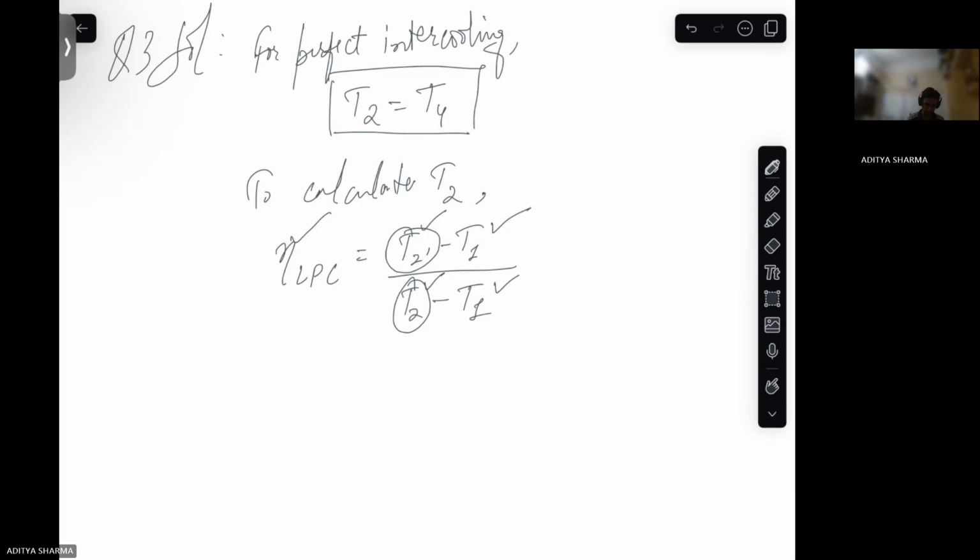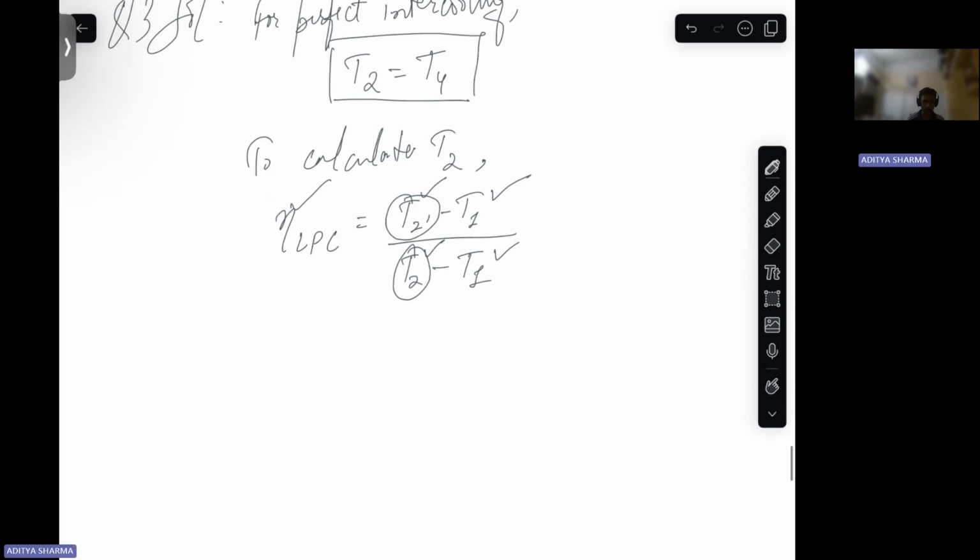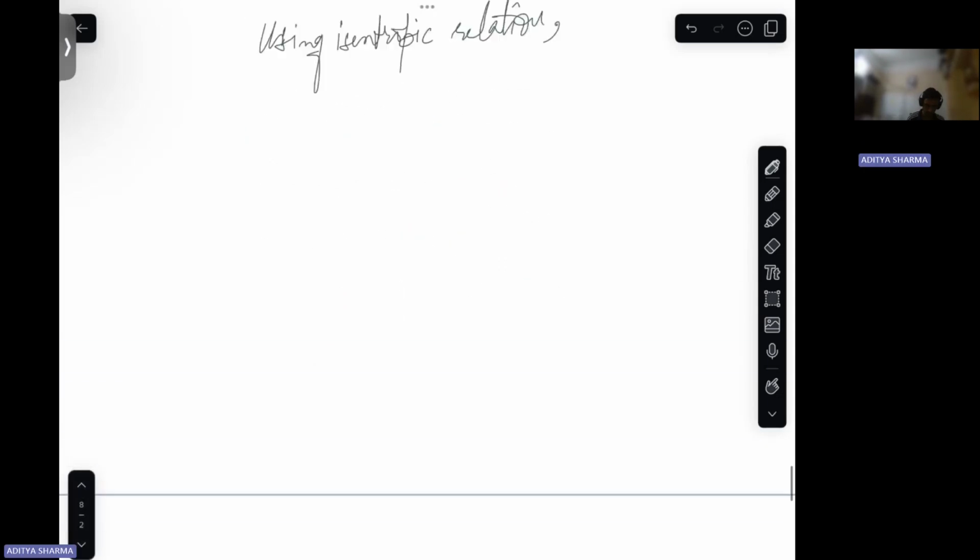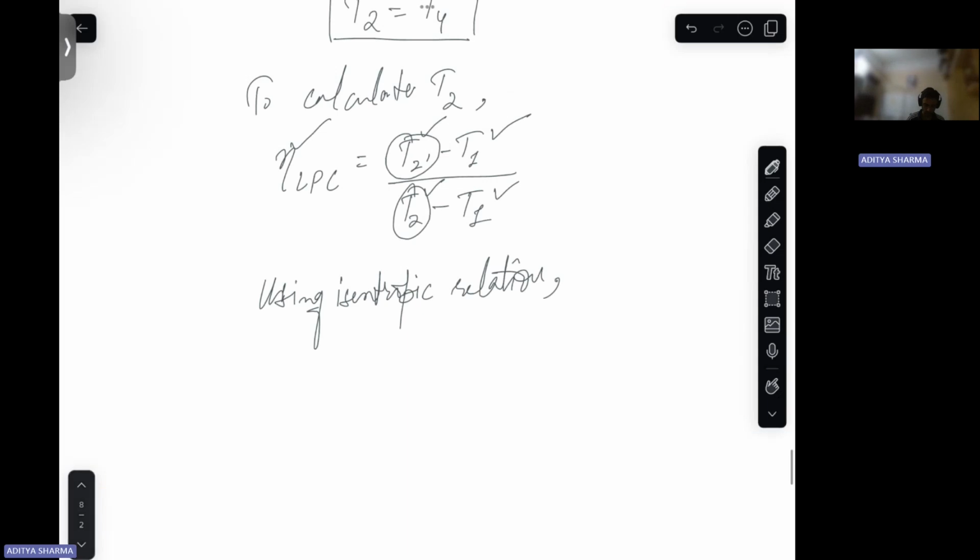Then also using the isentropic relation for the first compressor, for the two states, T2 dash by T1 is equal to P2 by P1 to the power gamma minus 1 by gamma.